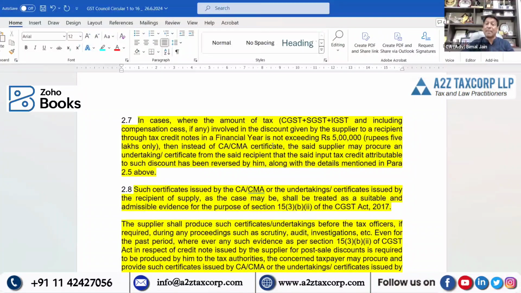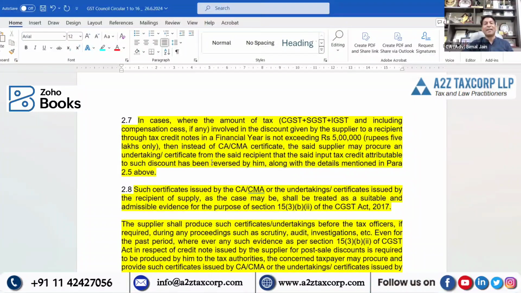If it is less than 5 lakh, tax component on credit note, less than 5 lakh, then the said supplier may procure an undertaking from the said recipient that the said ITC attributable to such discount has been reversed by him. So more than 5 lakh tax component on credit note, CA, CMA certificate.